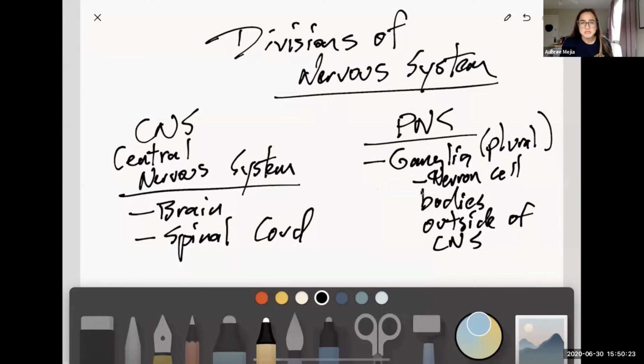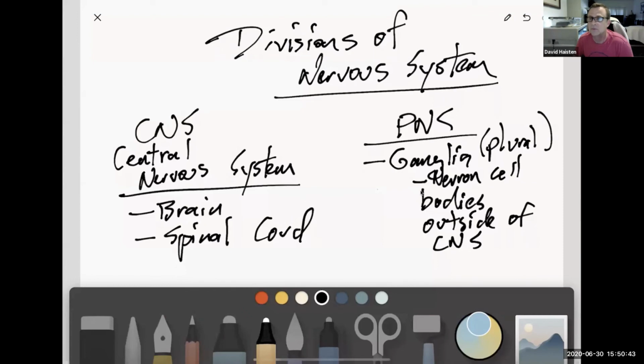No. Never. The central nervous system is only the brain and spinal cord and nothing else. If you see the word nerve, no matter how tempting it is to want to have it be part of the central nervous system, it is not.